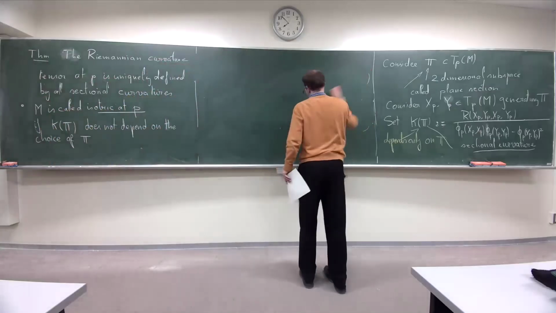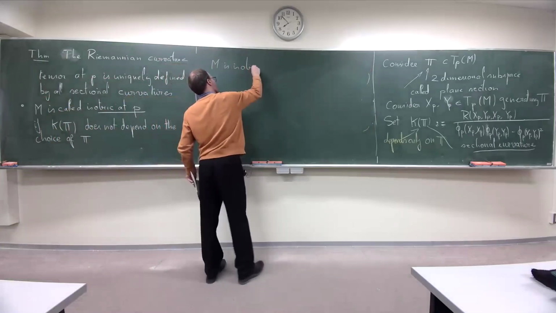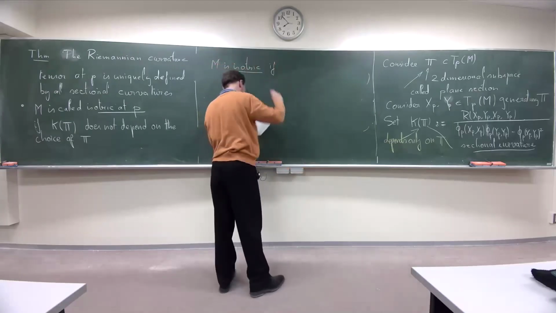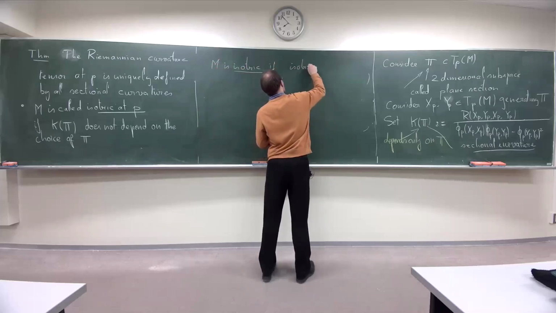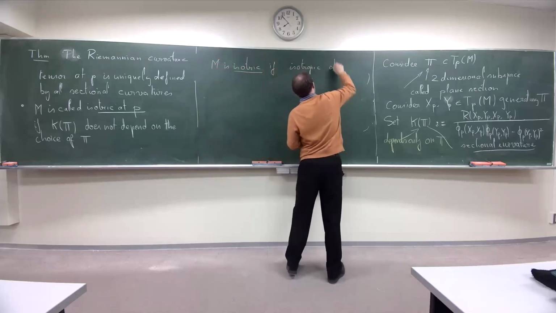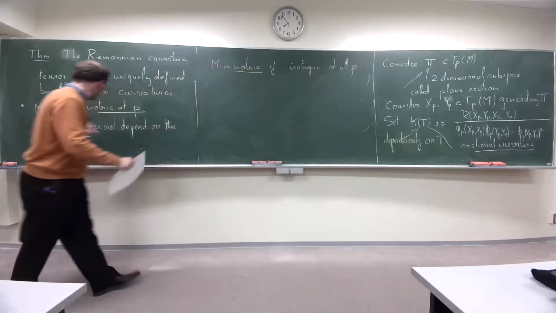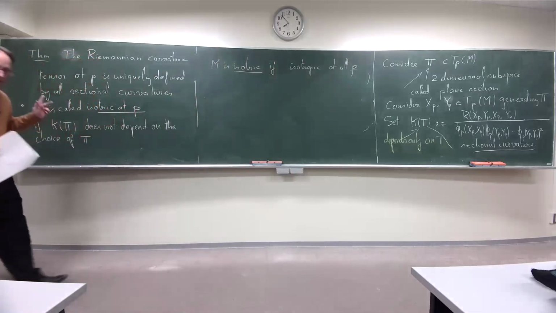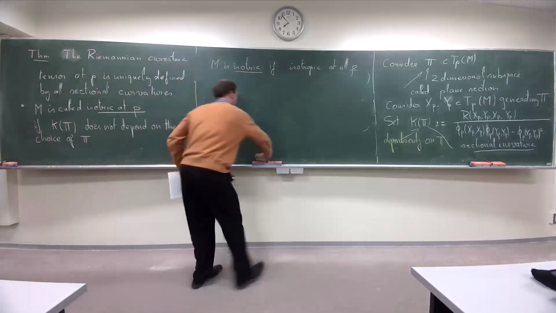M is called isotropic if it is isotropic at all P. So if you have this property not only at one point but everywhere, it doesn't mean the values are the same at every point, but you have this property at every point.